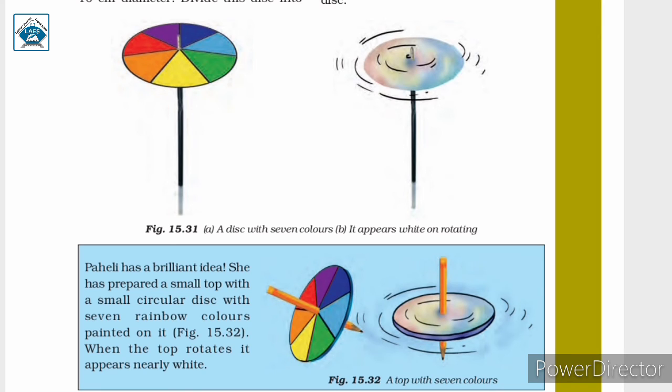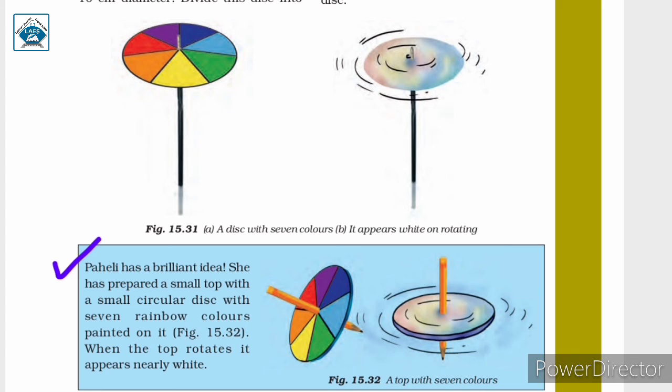When you do so, you can observe that on rotating the disc fast, the different colors on the disc get mixed together and it appears to be whitish in color. That is, ये जो disc है जिसमें पहले सारे colors थे rainbow के, fast घुमाने की वजह से जो color है that becomes whitish. So from this activity, we can conclude that white light is made up of 7 colors. Now, this disc is known as Newton's disc.